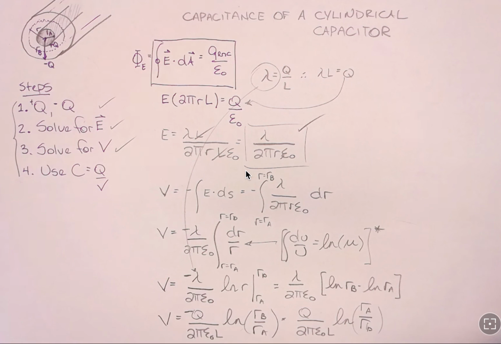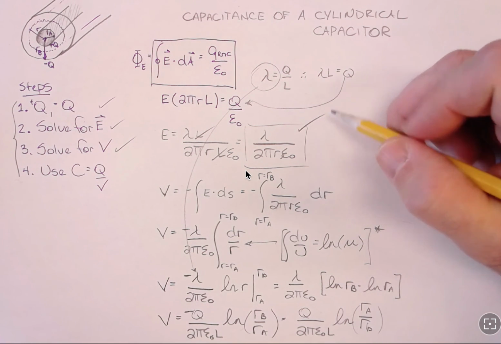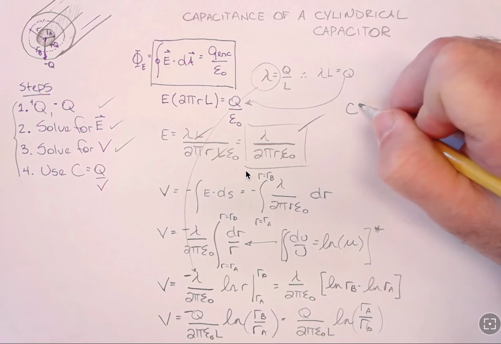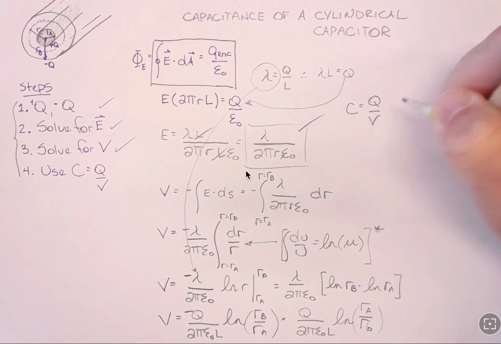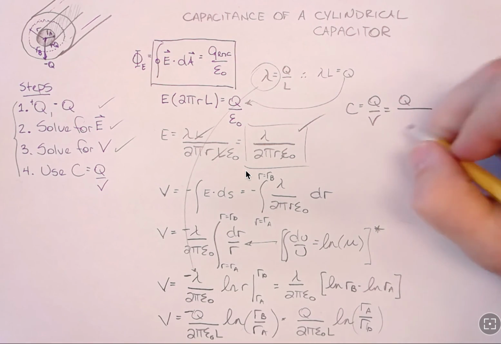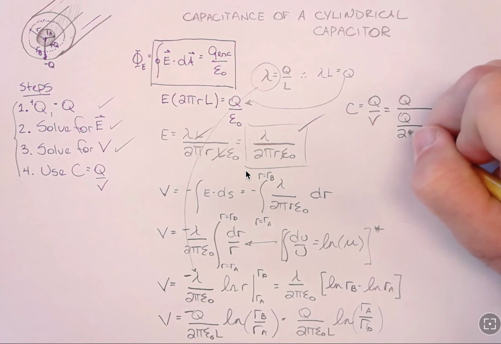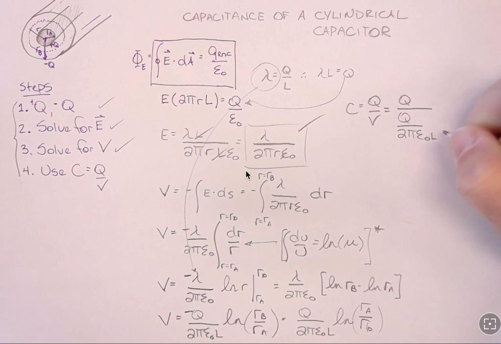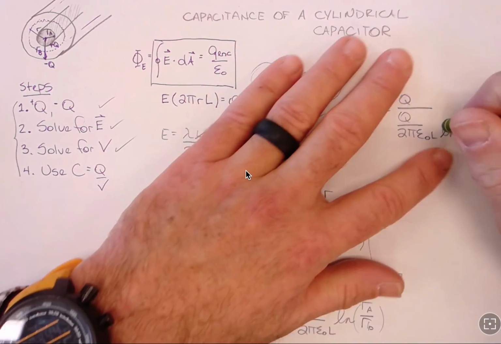And the last thing I need to do, which, since I don't have a ton of space, I'm going to do over here, is say that capacitance is equal to Q over V. Well, in this case, Q divided by V, which is Q over 2 pi epsilon naught L times natural log, well, now wait a second here.